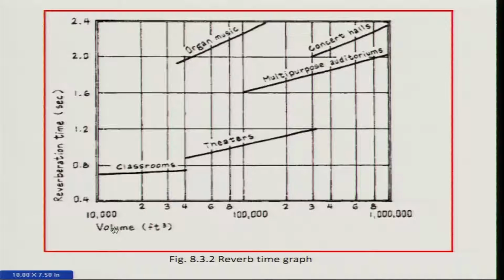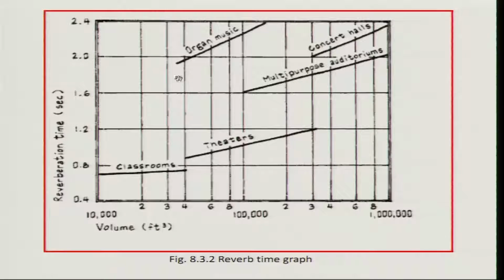And then you say, what is going to be my application? Am I going to use my room as a classroom, or will I be using it as a theater, or will I use it as a place where I will just play organ music, or I will play a lot of musical instruments? In that case it will be a concert hall, or will it be a multi-purpose auditorium where I will do dance, drama, lectures, everything.